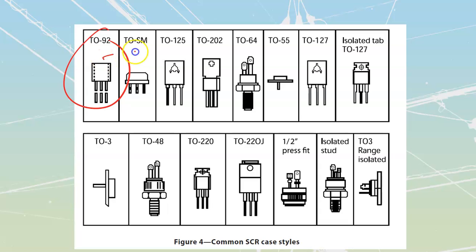It looks like the TO-92 is pretty much the same size as our TO-64 or some of our big 220s and 48s. In reality, we're looking at size differences like this. The TO-92 is going to be a very tiny little one, and some of our larger stud mount ones, like the 48 over here, are comparably much, much larger.